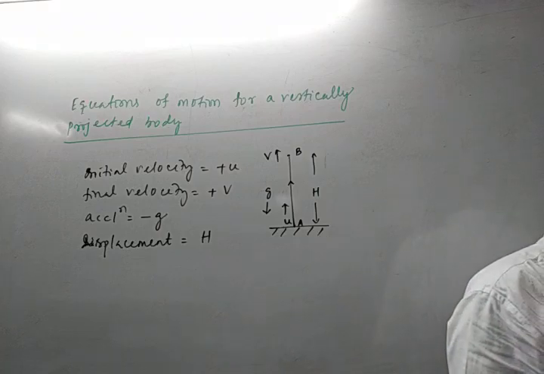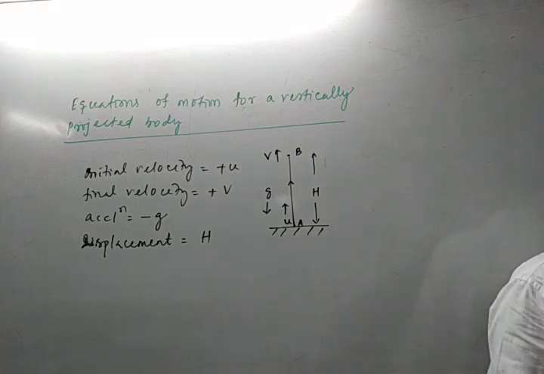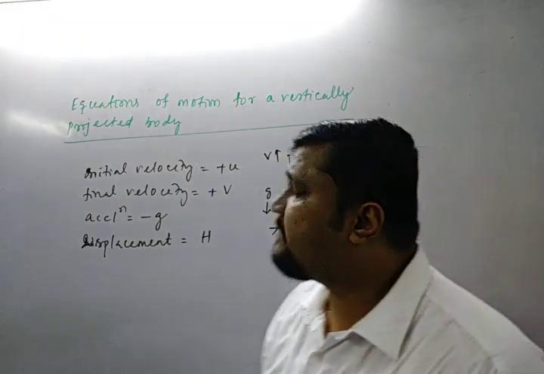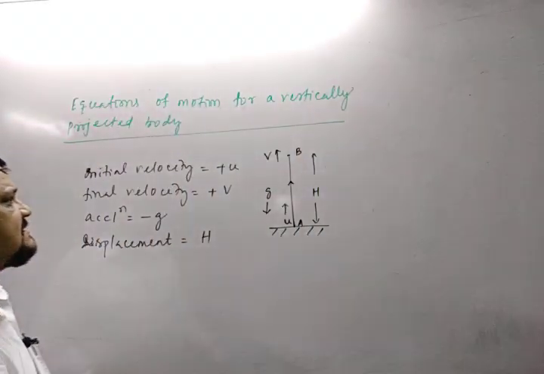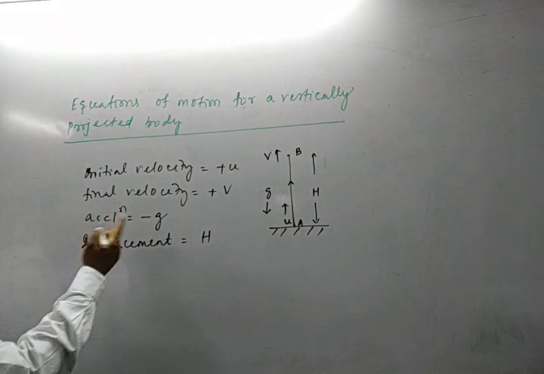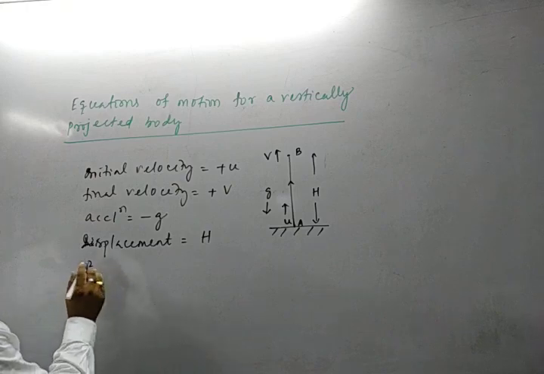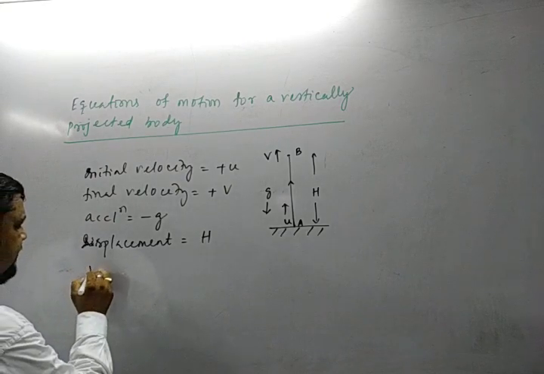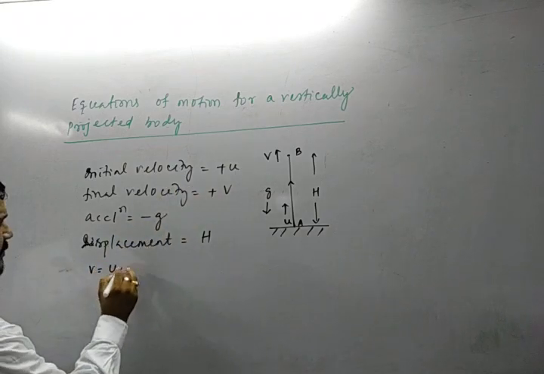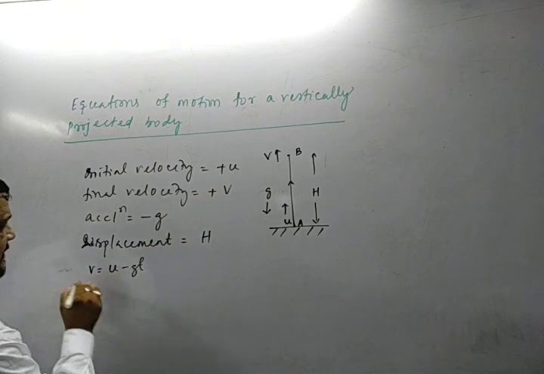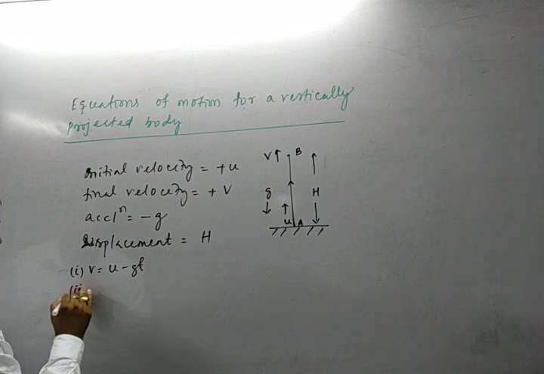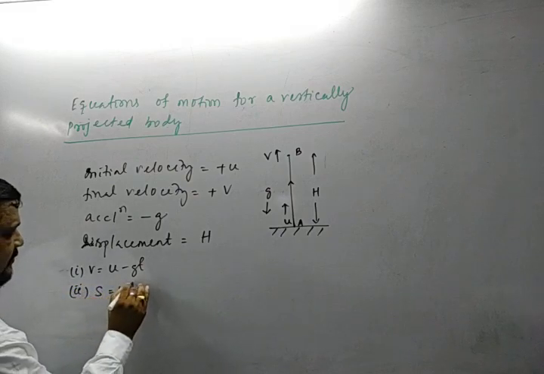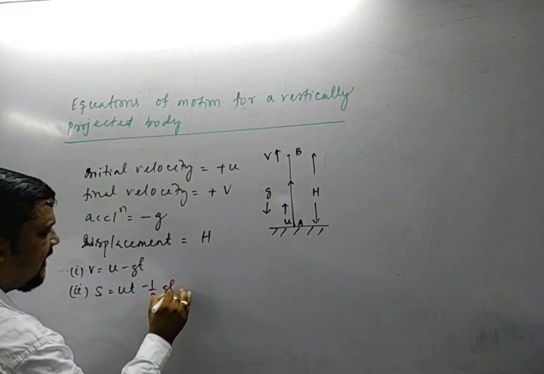If you put these values in, what equations will you find here? Number one, v is equal to u minus gt. Second one, s is equal to ut minus half gt square.